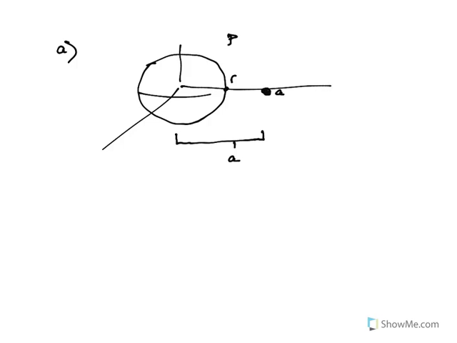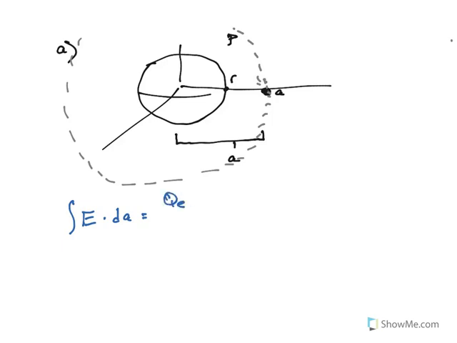We use Gauss's law. We draw a surface around our interesting object that goes through the point I'm trying to observe. So A I'm trying to observe, so I'm going to draw my little sphere all around this particular thing. Okay. And now Gauss's law says the integral of E dot dA is equal to the total charge enclosed over epsilon naught.